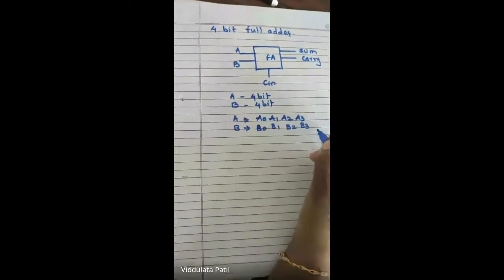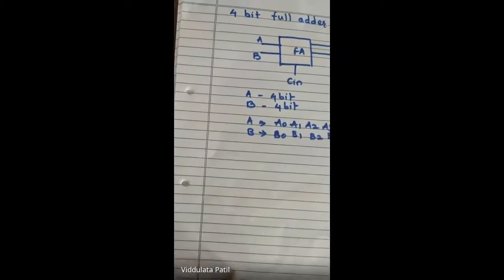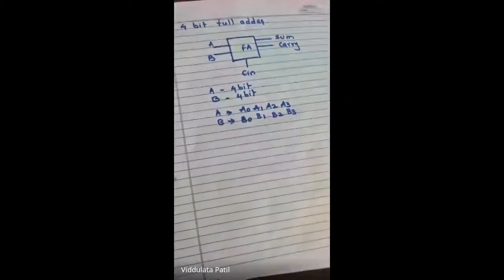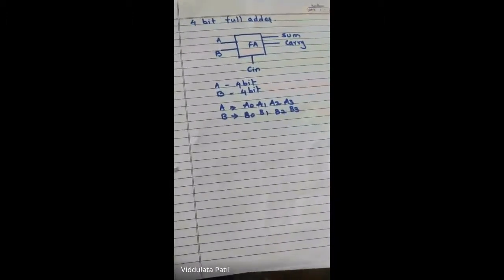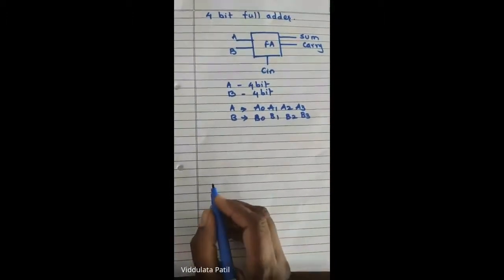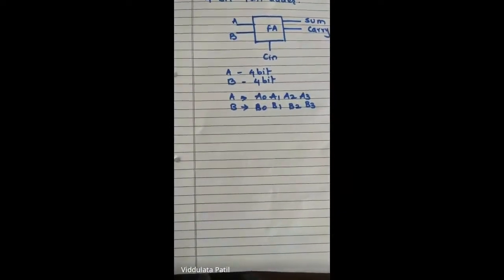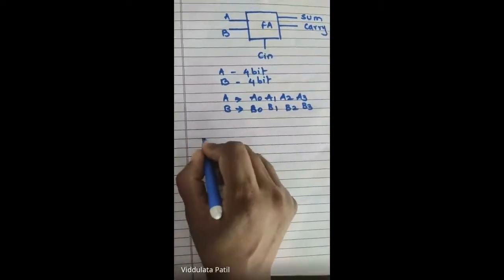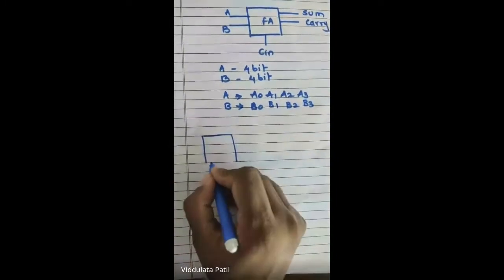Whenever we add these 4 bits, we require 4 full adder circuits. So, the block diagram to perform this operation requires 4 full adders.